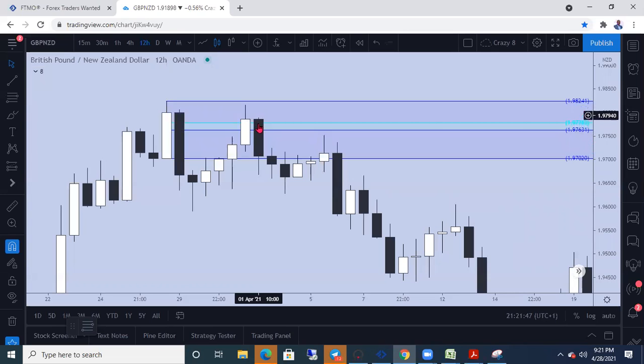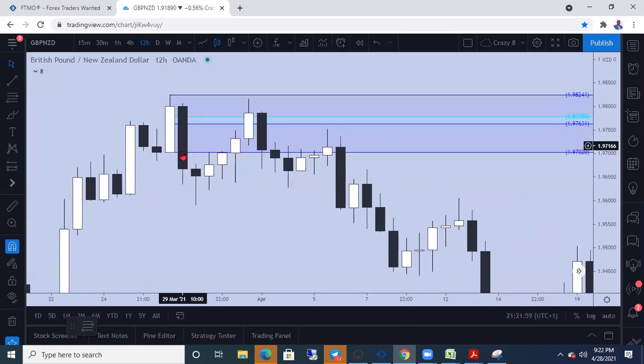Then when price came back and closed below, we say our sell bias is revalidated. So we're anticipating sells. If you remember the rule we had for ourselves for bearish engulfing, we said we could sell straight up from this point.